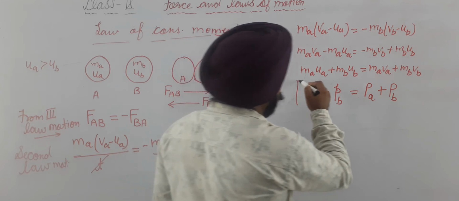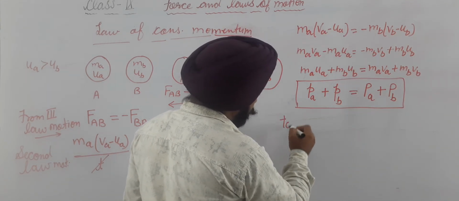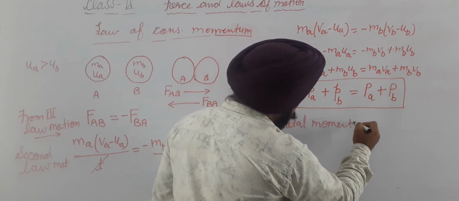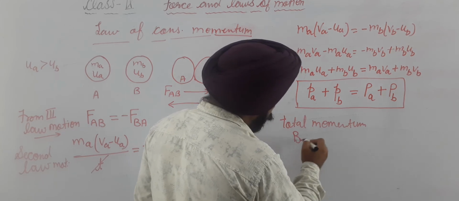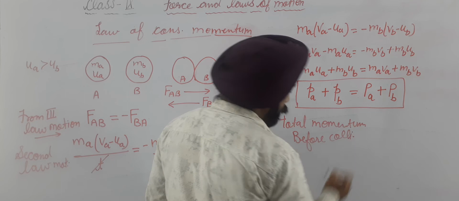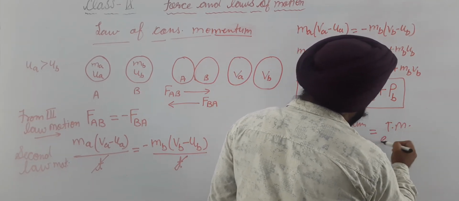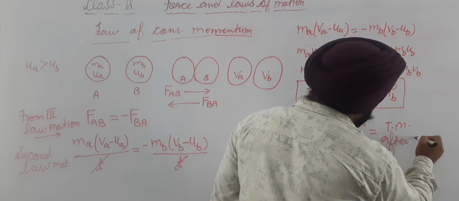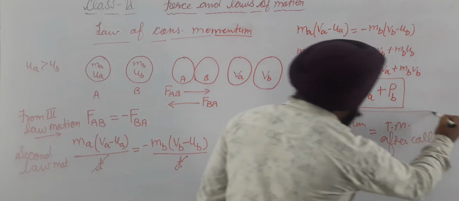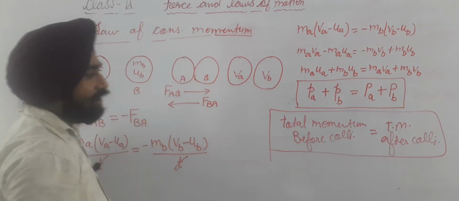So what we conclude here is that the total momentum before collision is equal to the total momentum after collision, and this is our law of conservation of momentum.